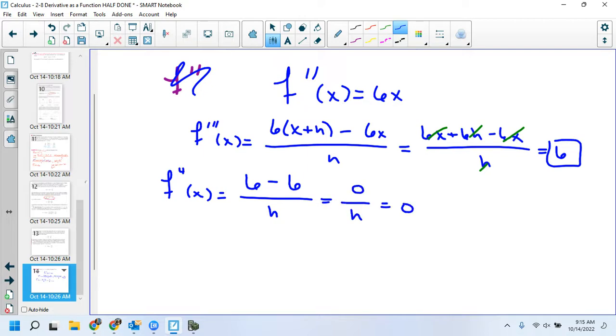I would say the limit as h goes to 0 is 0. And after that, it just keeps going to 0. Okay. So basically, what we're doing with the derivative is we just keep reducing it down and reducing it down until it gets to a point where it's 0, and then it will continue to be 0 forever and ever beyond that.